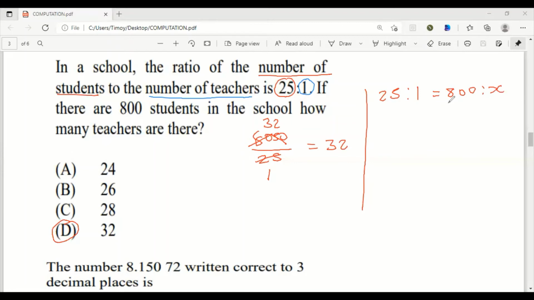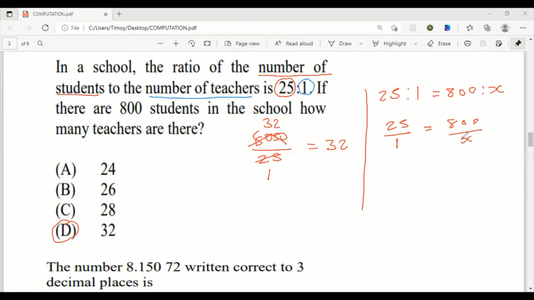So since these two are equal, we could represent this as a fraction. What's 25:1? That's just 25/1, which is equal to 800 over x, right?